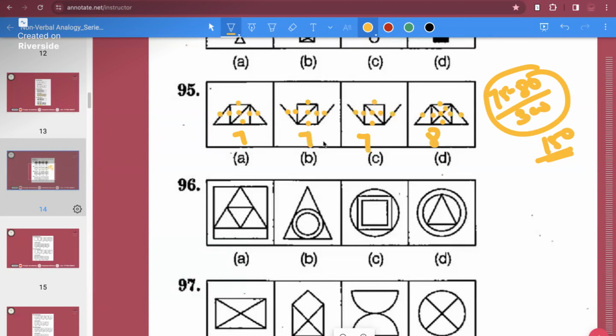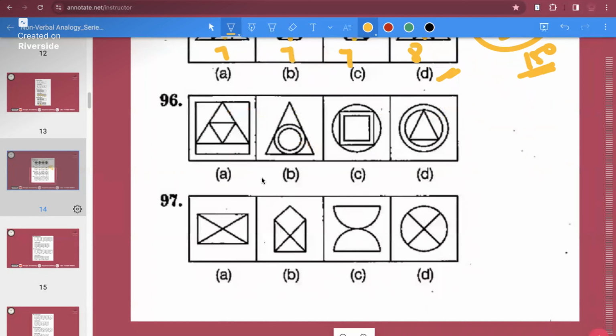Right, guys? There are 7 lines in all these, A, B, C, but in D alone there are 8 lines. Right? So, sir, you are supposed to think in that way also. Right? Yes, 96.